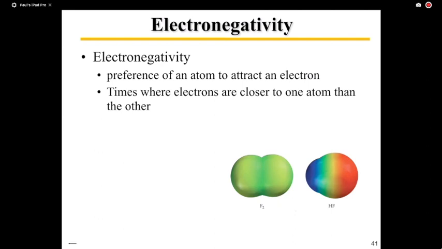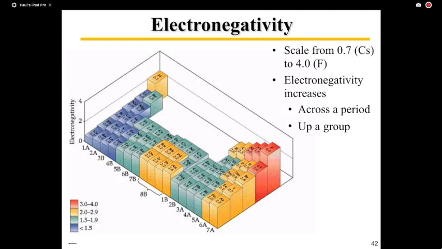Okay, that nucleus and the arrangement of the electrons around that atom, does it want to take an electron or does it not? Some atoms really like to take electrons away from other atoms. Okay, and that means they have very large electronegativities. We can put it on a scale and we can say from left to right, it gets bigger. From bottom to top, it gets bigger.